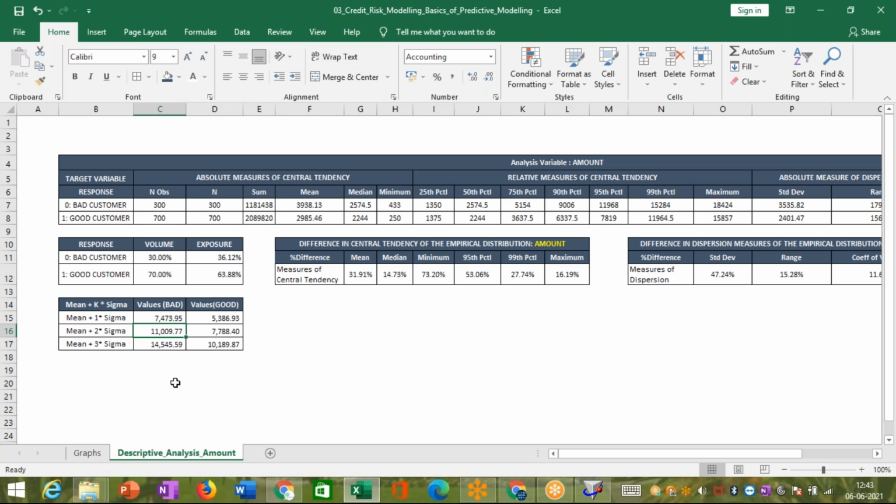Had it been a normal distribution, 95.5% would have been within this interval. So compared to 95.5%, nearly 92 to 93% of the observations lie within plus minus 2 sigma.